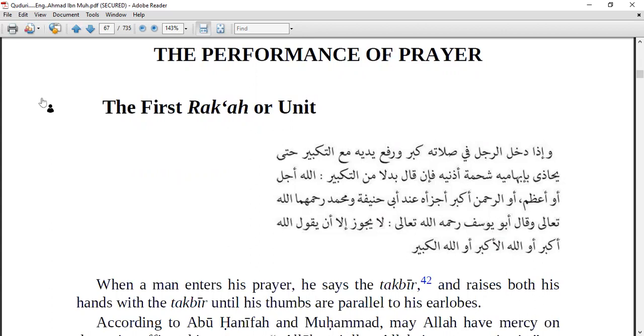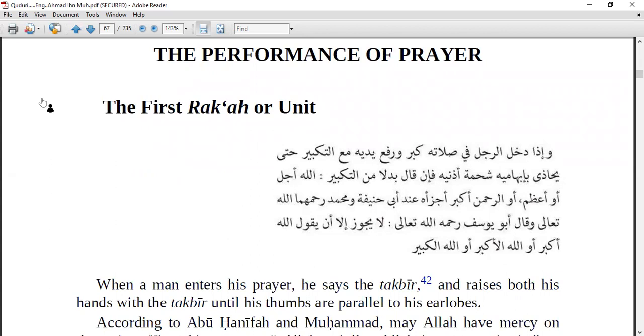In the more detailed commentaries, there are some distinctions between the prayer of the man and the woman. Now, the first question that might come to mind, and you might have heard some people say, is that there's no distinction between the prayer of men and women.